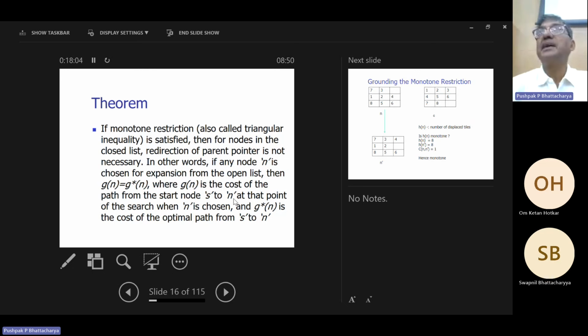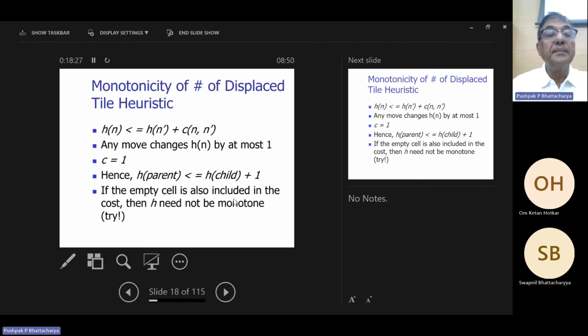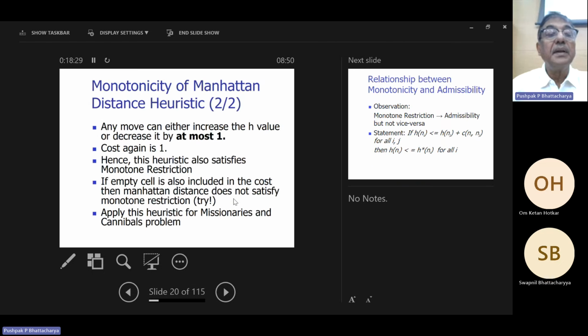You choose any node for expansion, send it to the closed list. The G value for that node must be equal to G star. So this is the least cost path from S to that particular node n. It has to be because of the monotone restriction. And the proof follows. So this is the theorem, and we'll prove the theorem.